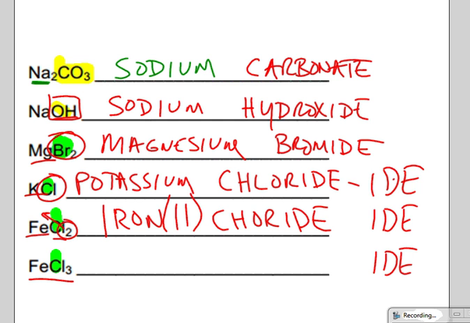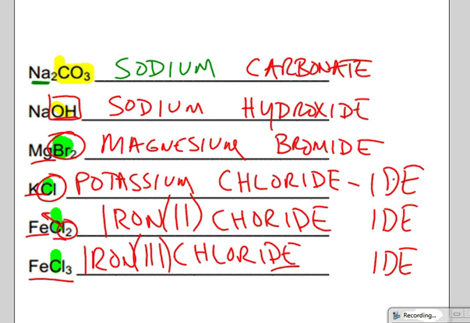Fe, iron, I know it's an ionic compound. It's binary because there's only two elements, so it's going to be iron chloride, adding the IDE. This is iron Roman numeral 3, because the charge that came from crisscrossing or putting the compound together was 3+, because it's Fe 3+. That should be review from last year.